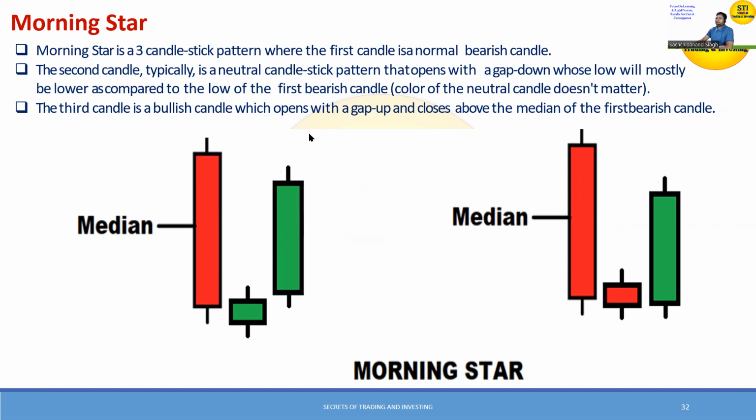Once you find this, especially at the bottom of any trend, we can very safely assume that after this the market is largely going to move in an upward direction.